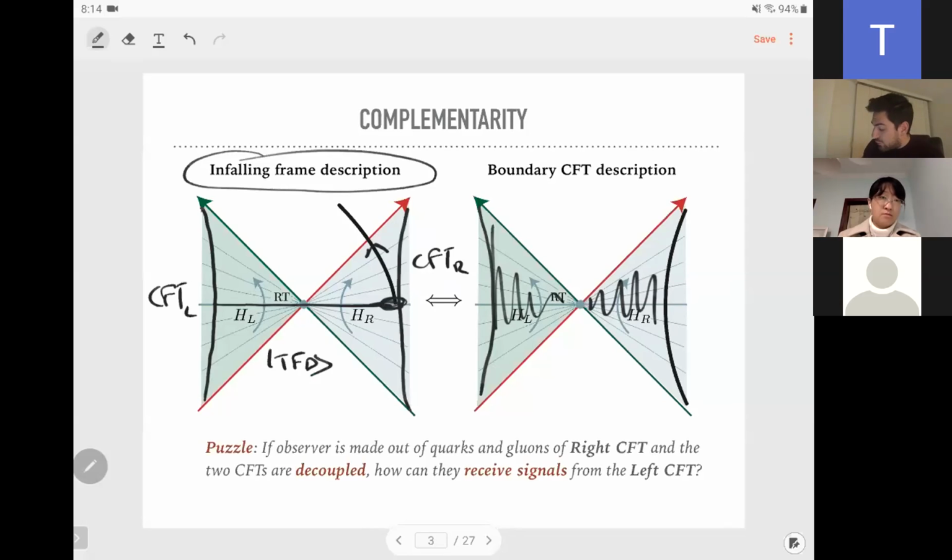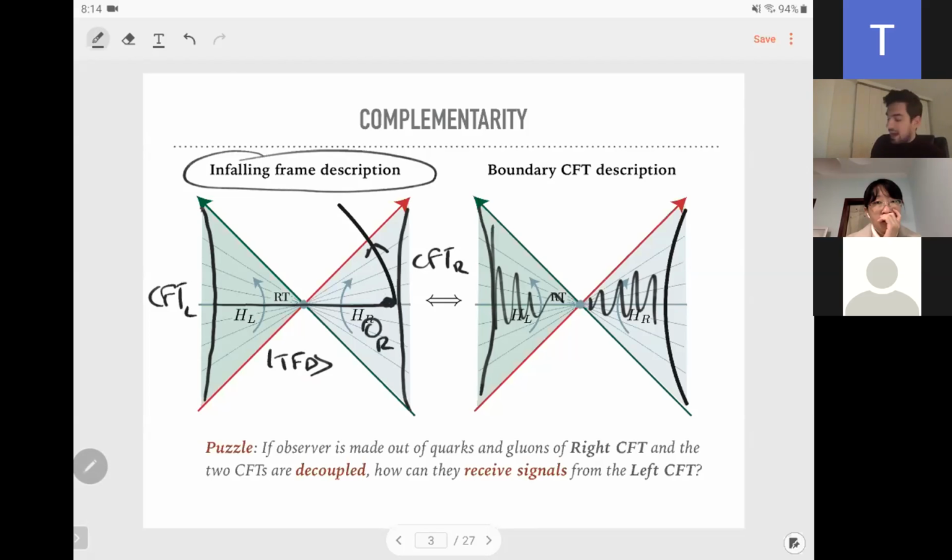So now I can introduce some sort of probe, that I will call an observer. I can introduce some sort of coherent wave packet here close to the right asymptotic boundary. And by the usual rules of AdS/CFT, I can introduce this probe by acting with a right CFT operator.